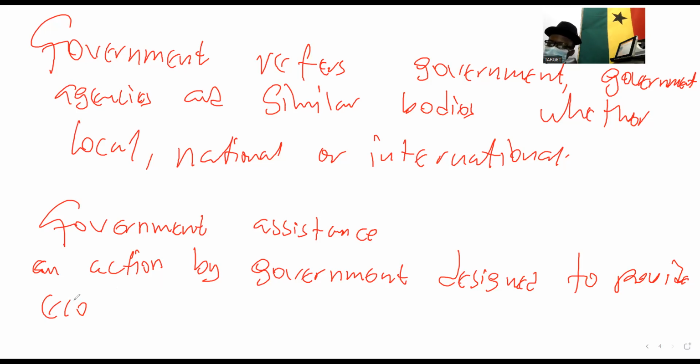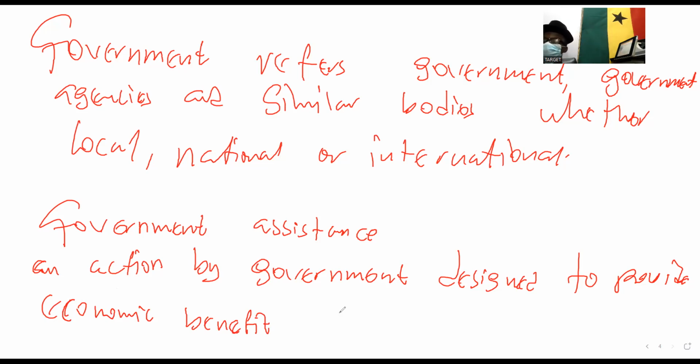In fact, they are actually designed to provide economic benefits specific to an entity or range of entities qualifying under certain criteria.